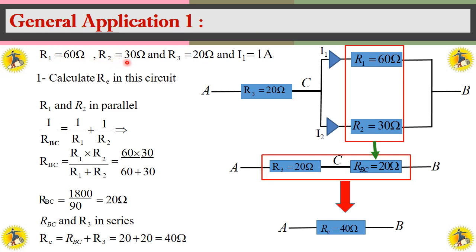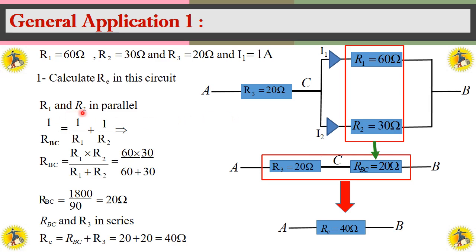General application 1. R1 equals 60, R2 equals 30, and R3 equals 20, and I1 equals 1 ampere. Now, 1: calculate Re in this circuit. To find the R equivalent of these resistors, first we find the R equivalent of R1 and R2. Then we find the equivalent resistance of these two resistors with the third resistor.